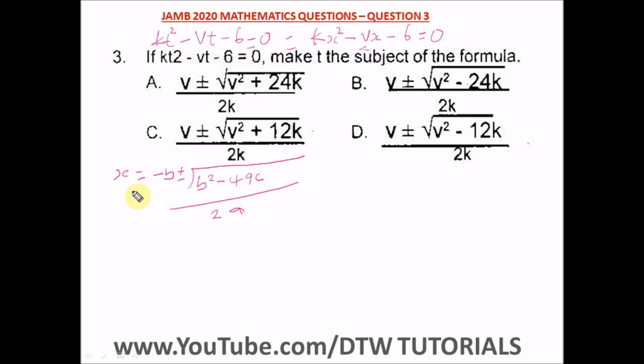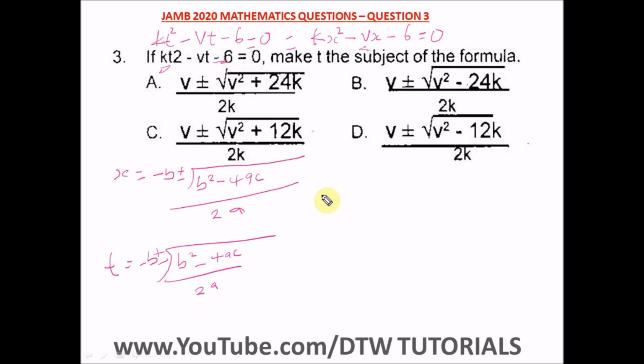So if we bring this to this question, we have t equals minus b plus or minus square root of b squared minus 4ac over 2a. So what is our b? Our b here is minus v. Our a here is k, don't forget, and our c is minus 6.